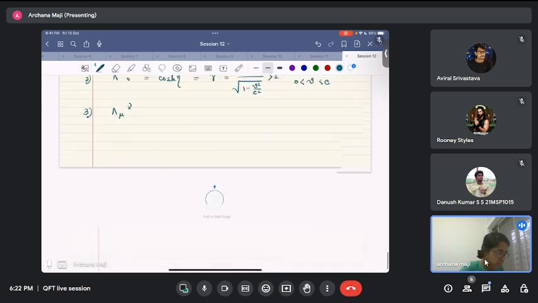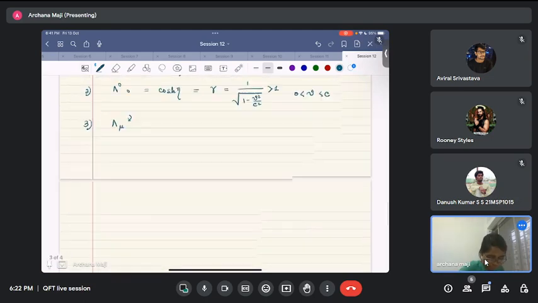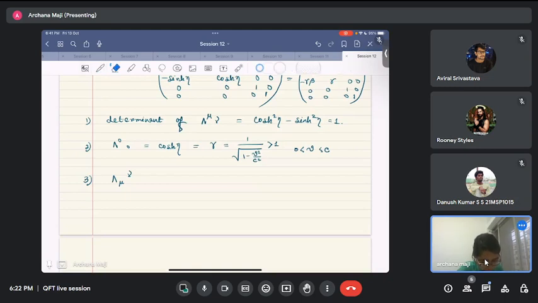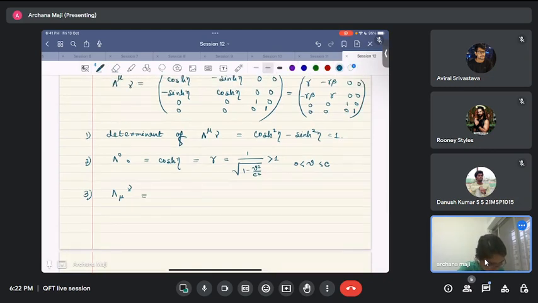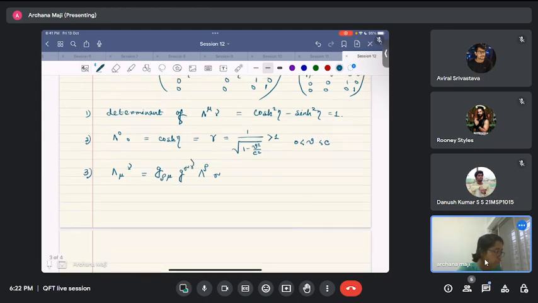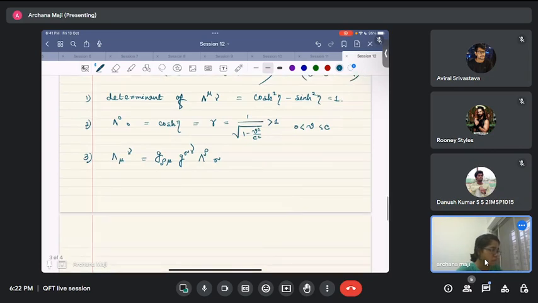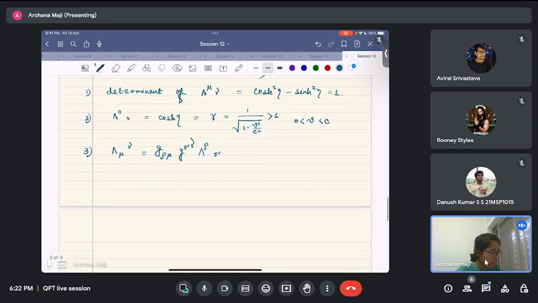So the third question is asking us to calculate this quantity. How do we get this from, let's say, we have lambda rho sigma? Then it will be g rho mu g sigma nu lambda rho sigma. The question is asking us to explicitly find out what you get for lambda 0 0.